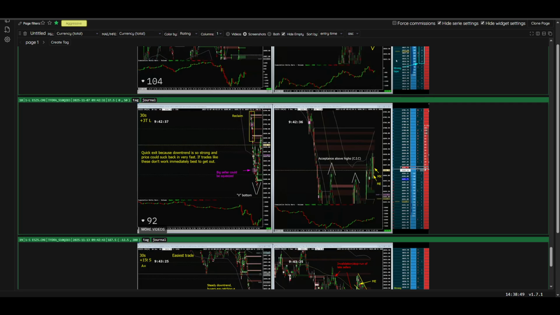Other than this one. Look at that, just full on. It's hitting the reclaims, man. Okay, that's an older cumulative delta I was looking into.